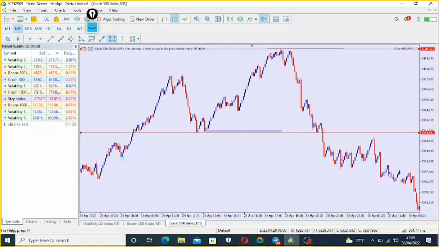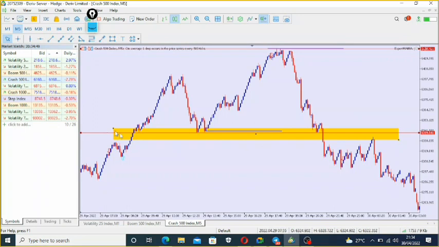Just like this, support and resistance can cover around this area. You take it more like a zone, not one straight line like that.